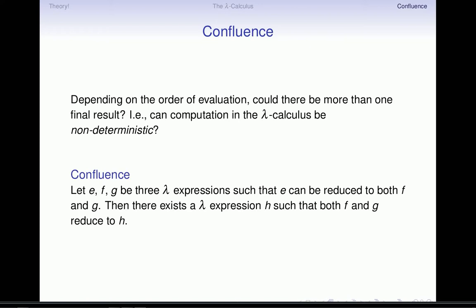This definition is less complicated than it sounds at first. It just means that if you happen to be able to reach two different intermediate results of a lambda expression, then you can always continue the evaluation and reach a common lambda expression.